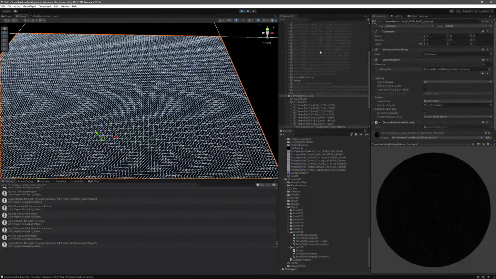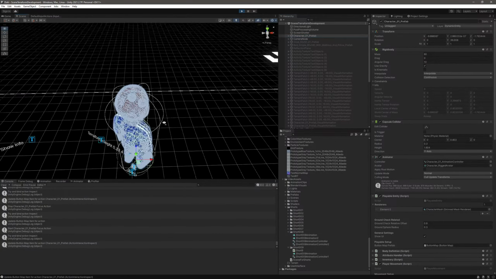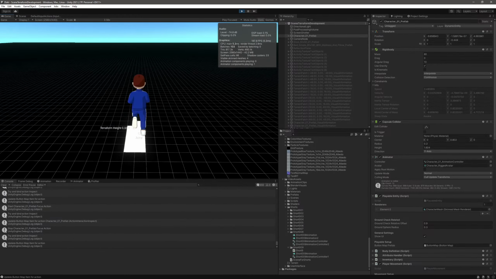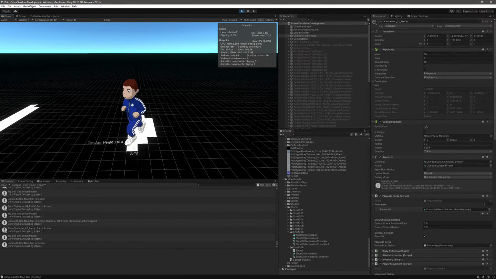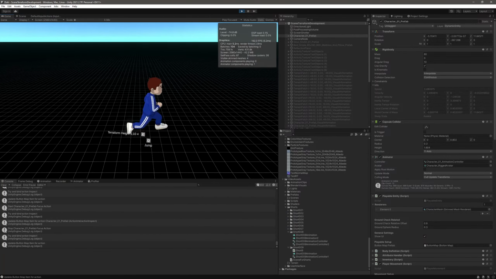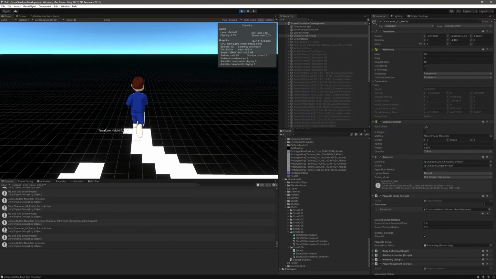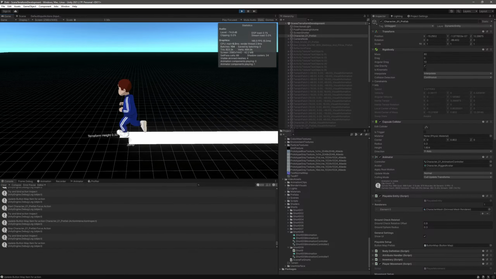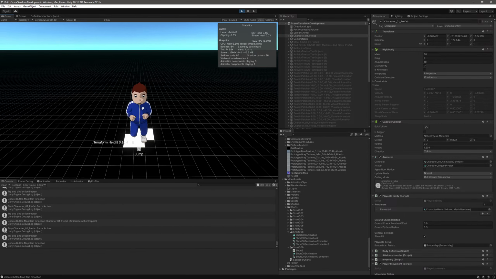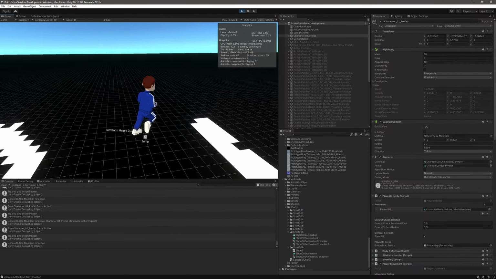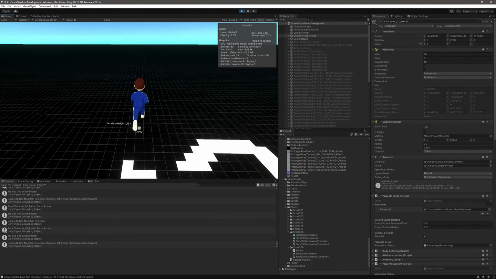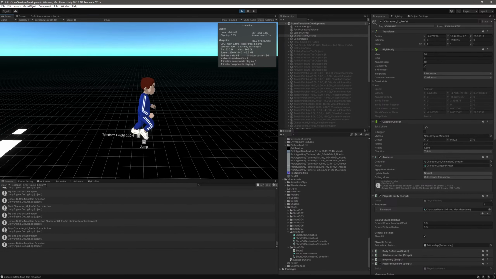So let's take a look. Currently looking, so this is forward, so we have negative on this one and positive on this one. We want to do, I think I want to do, we want positive on this one, right?